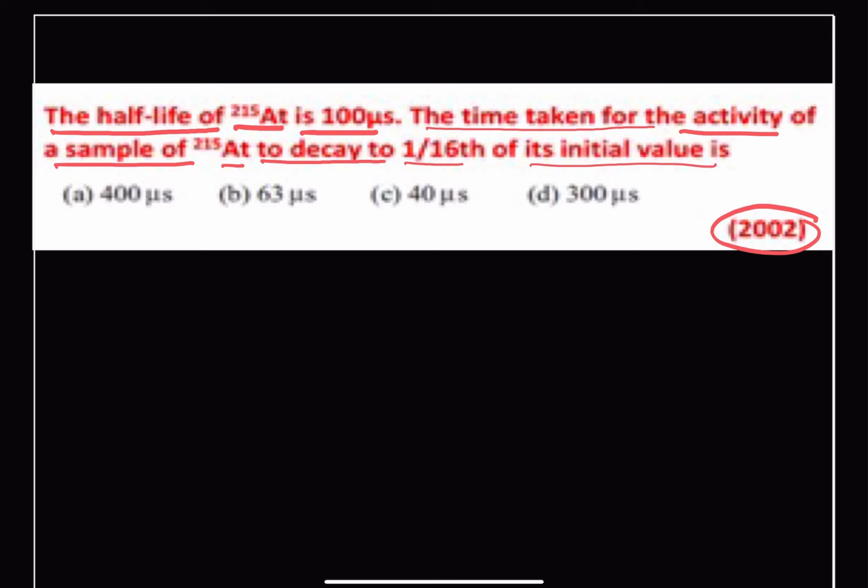So we are given the half-life of the sample, T half is 100 microsecond, and the activity decays to 1/16th of the initial value.